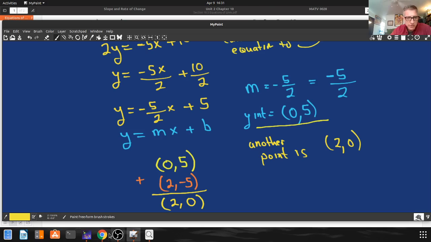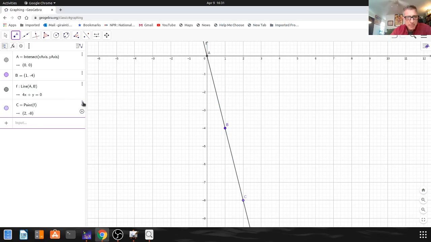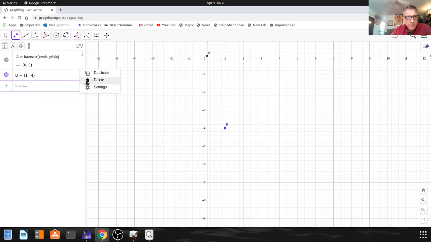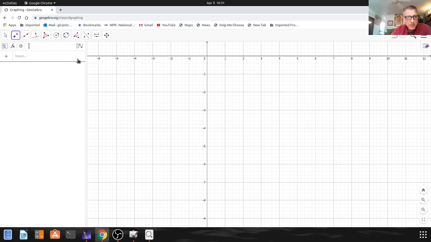So going to GeoGebra. My y-intercept was 0, 5.